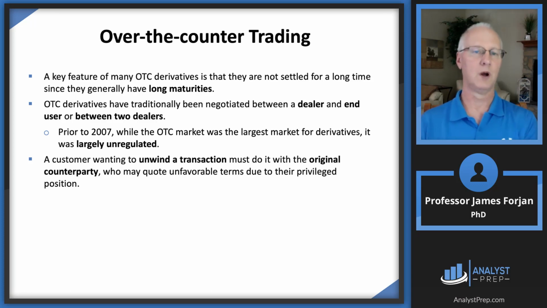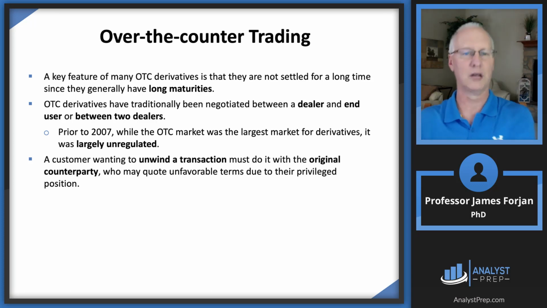And a lot of times when you want to unwind a transaction, the markets have moved against you, and so there's probably going to be unfavorable terms, right? This is called leverage. That other trader has leverage, and so they're going to say, oh, I'd be happy to let you out of the contract, but of course you're going to have to pay for it.